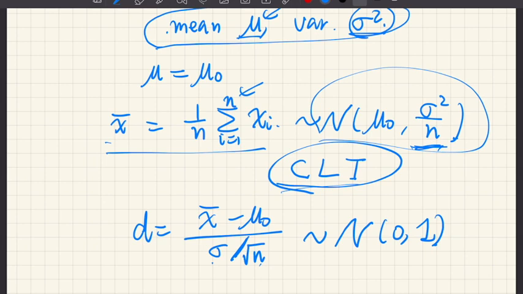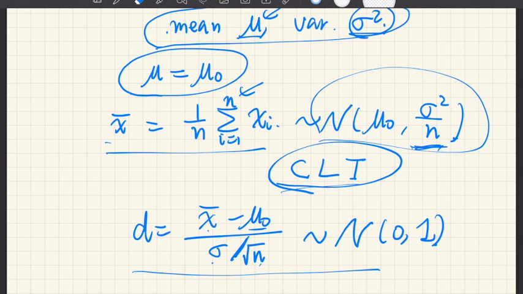So if our hypothesis is correct, then this will follow. If this x bar actually deviates from mu 0 by a large amount, then that probability will be very small and we can reject our hypothesis.